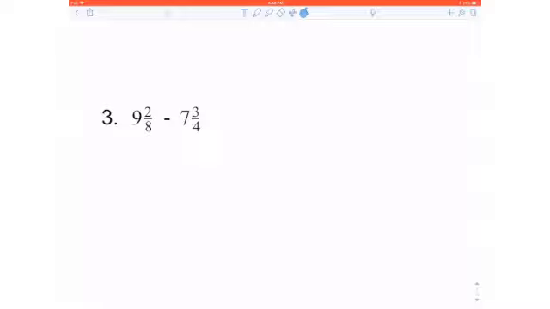So I'm going to give you a chance to give this one a try. Set it up just the same way you set up the addition problem. Whole numbers on one side, fractions on the other side, and then subtract them. I'll go over it in just a second.